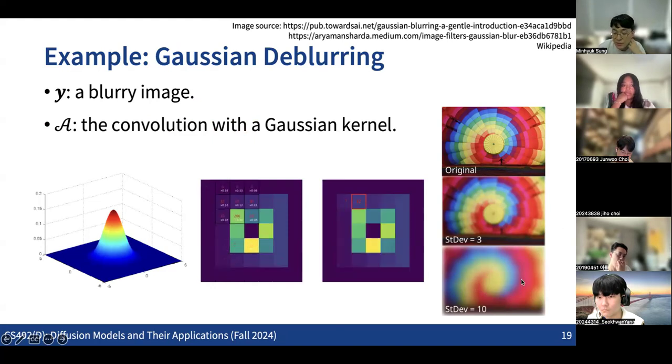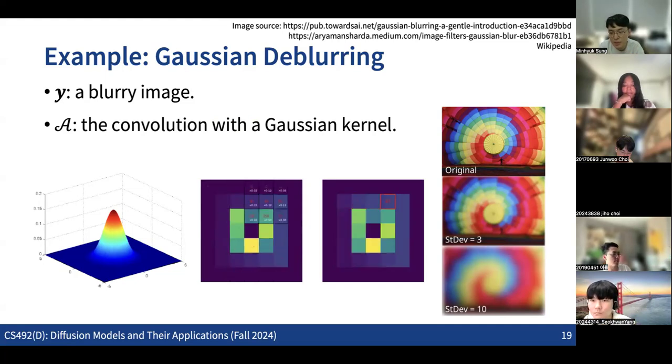So in this specific case, we can think about y becoming some kind of blurry image like this. And if we assume that the blurriness comes from some kind of specific blurring model, for example, applying a Gaussian kernel, the convolution of the Gaussian kernel becomes the A function here.